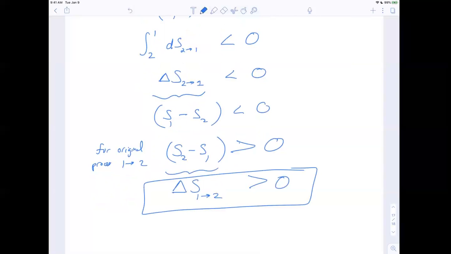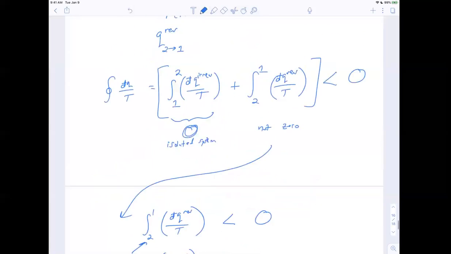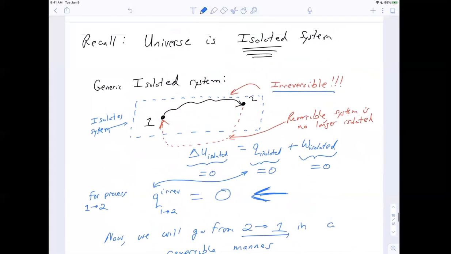And so what we found using our Clausius inequality and this notion of the relationship between reversible and irreversible heat is that the delta S for this irreversible process in an isolated system, remember, just going from 1 to 2, the system was isolated. That was how we constructed the experiment or the process.